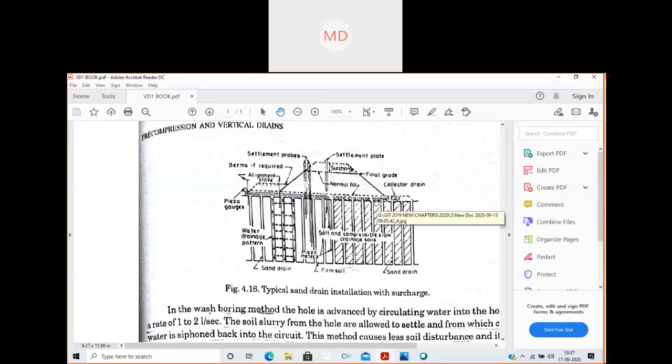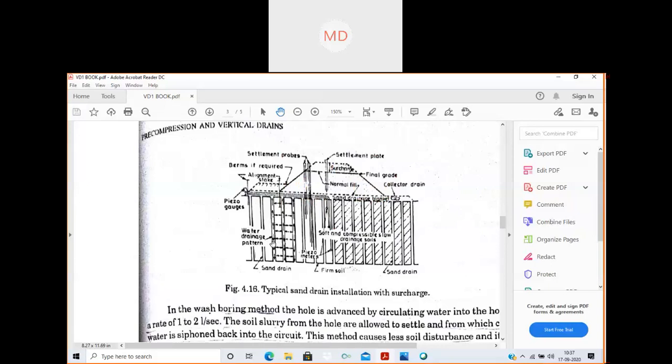Sand drainage blanket. Above this soil layer the sand blanket is laid, means a layer of sand is just laid, because sand is porous, we all know, and it will allow the passage of water easily. And these vertical columns you are seeing everywhere, these are the vertical drains, or we can say sand drains.